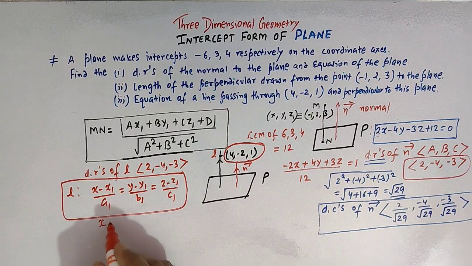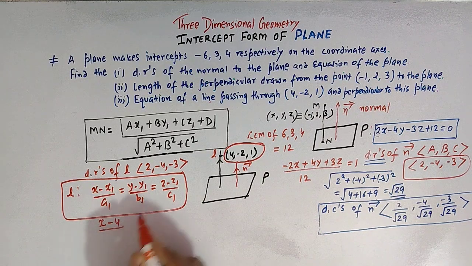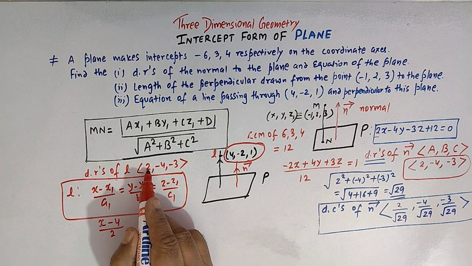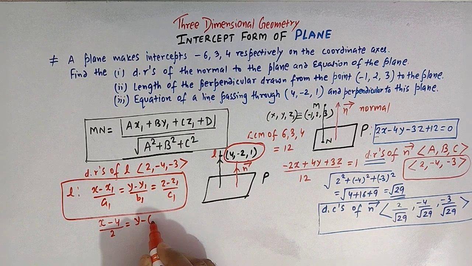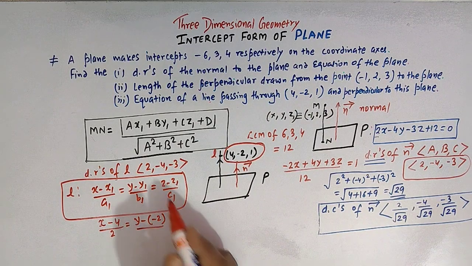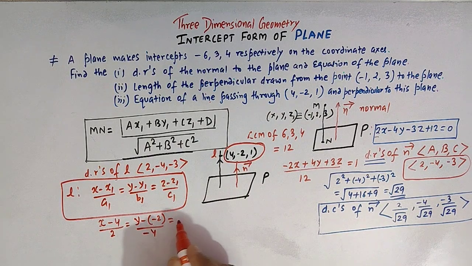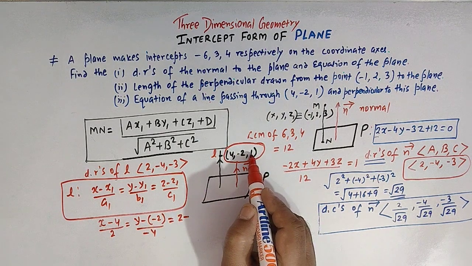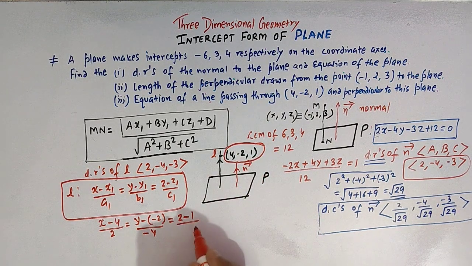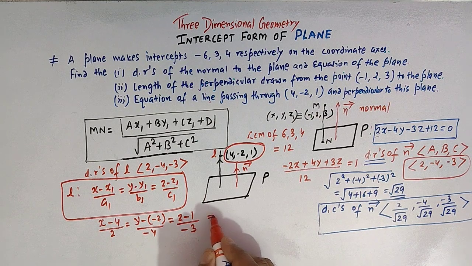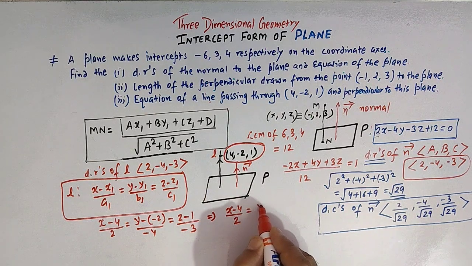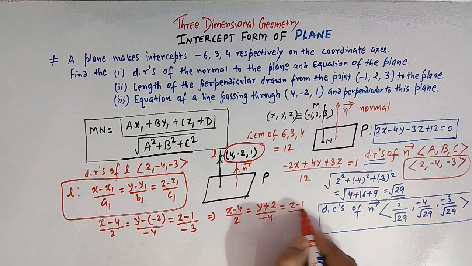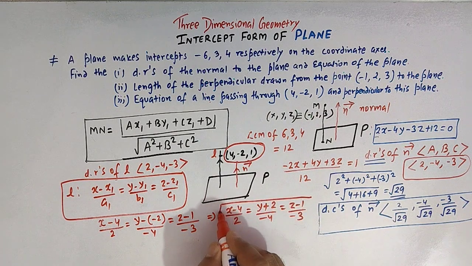So we have x minus 4 divided by this number 2. Then we have y minus y1 is minus 2, and here we have minus 4, and z minus z1 is 1, and here we have minus 3, right? So we can now write this equation as x minus 4 over 2 and y plus 2 over minus 4, and here we have z minus 1 over minus 3, right?